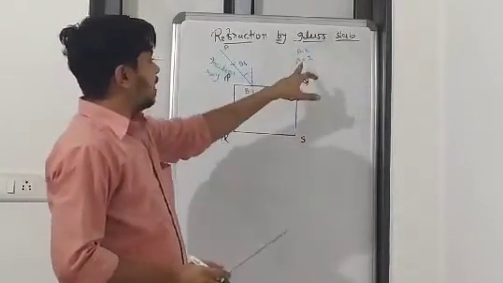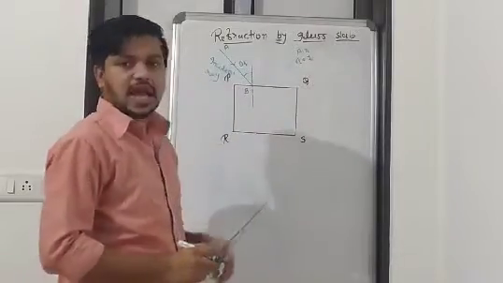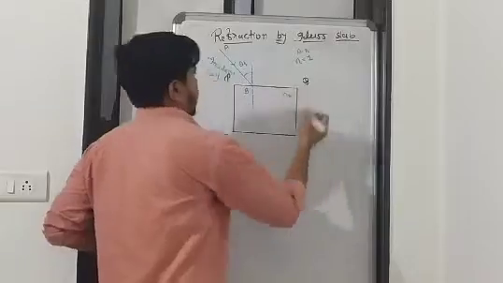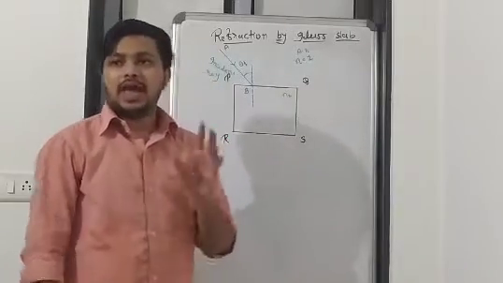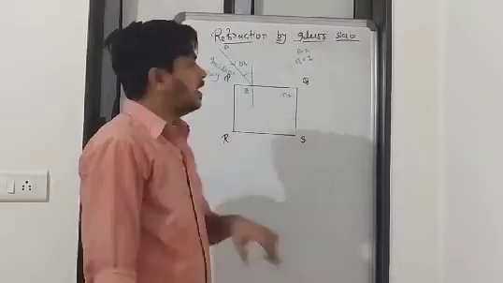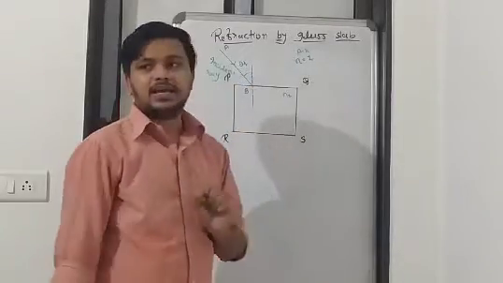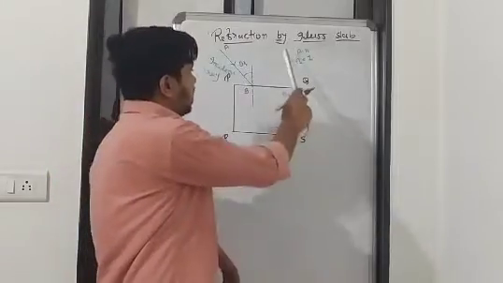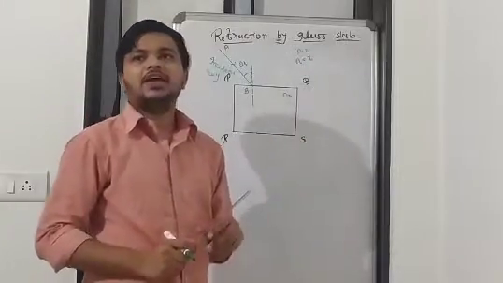Now, it's air. The refractive index of air is 1. So here it is air, and here it is glass, which has refractive index n. As you know, air is thinner than glass, right? So air is an optically thin medium and glass is an optically thick medium.